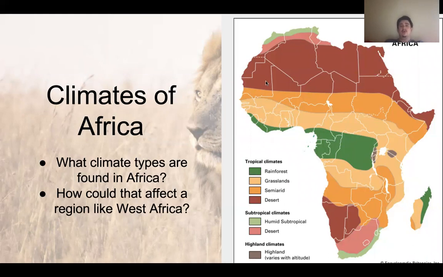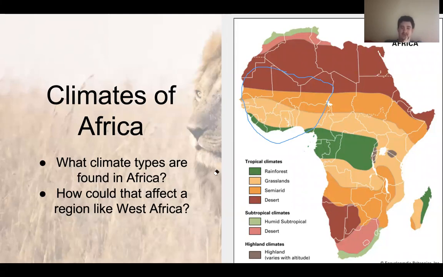Now, I want to point out that West Africa, let me pull up a little drawing thing here, is going to be this area right here. So West Africa is actually going to be this area kind of roughly right in here.